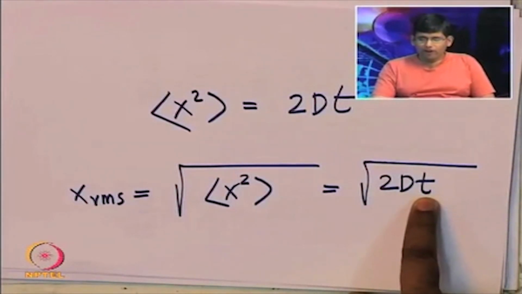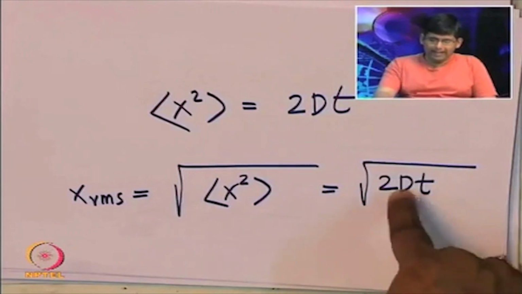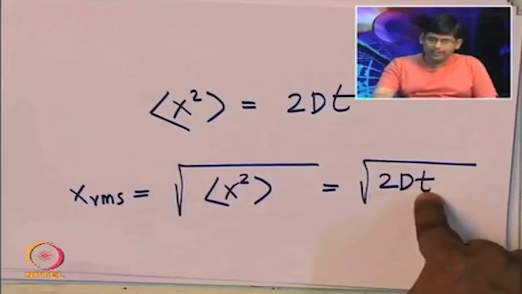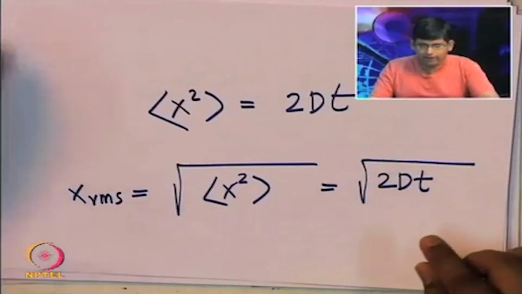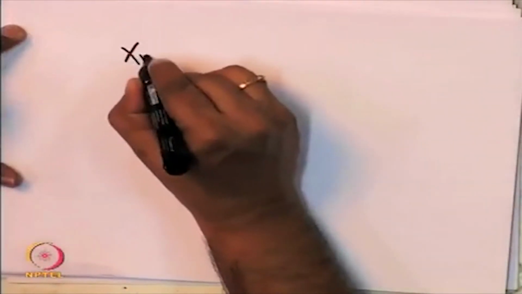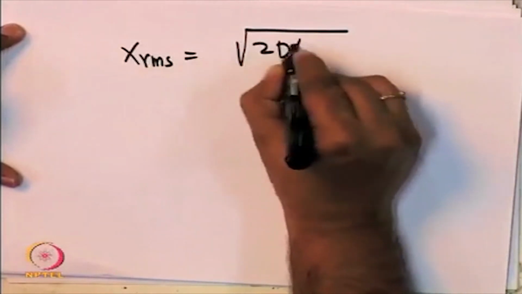If you wait for 100 seconds, so let us say d is a constant, t is time. Let us take x RMS is equal to root of 2dt. This is a very famous relation.